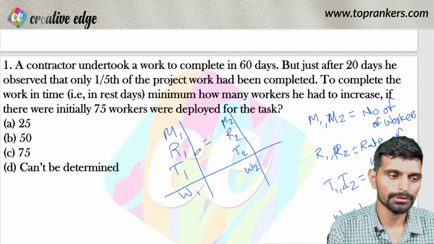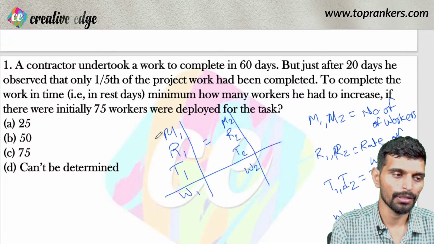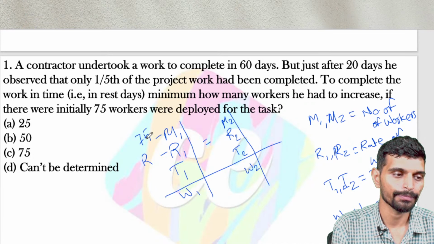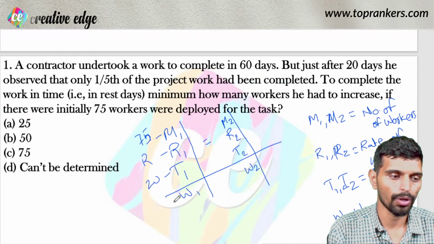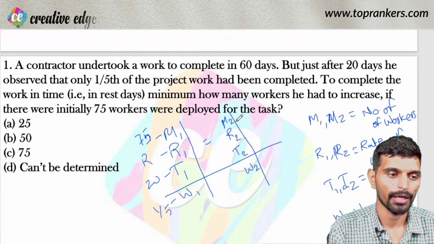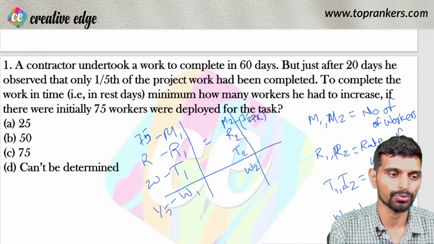So let us put the values here. M1 as given to us is 75, R1 not given, then let's consider it as R. T1 is 20 days, and the amount of work done in these days is 1/5. M2, he needs to add some more workers, and that is what is asked.